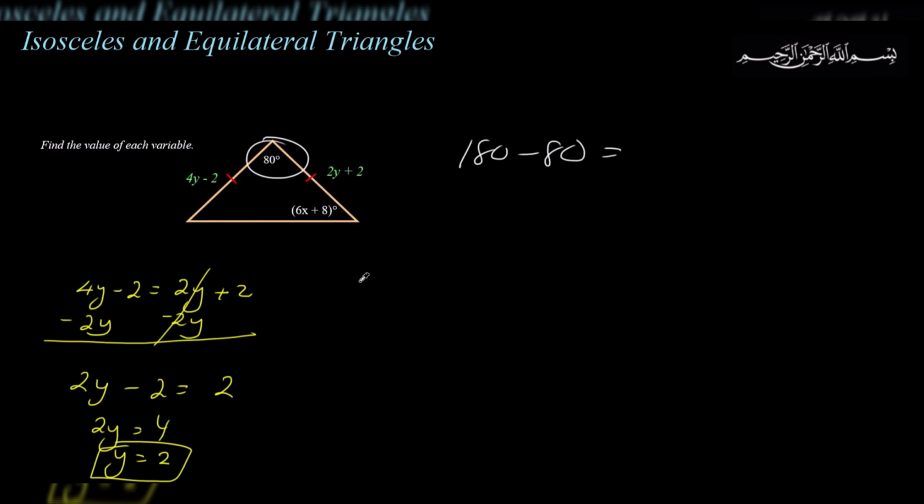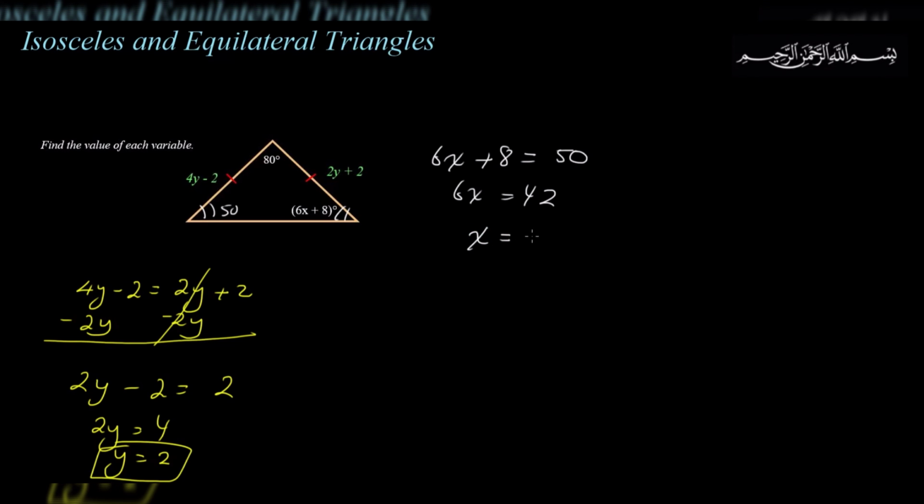I hope you follow that, because the interior angles of a triangle add up to 180 degrees. This is 80 degrees. Take that away, you have 100 degrees left, and you have to divide them equally between these two angles. So that's 50. So this side has to be 50 degrees. So 6x plus 8, if I copied the question correctly, has to be equal to 50 degrees. So 6x, subtract 8 from both sides, I get 42, correct?